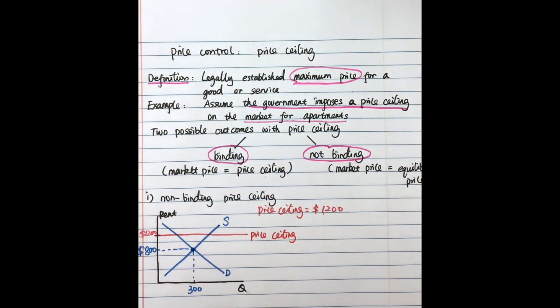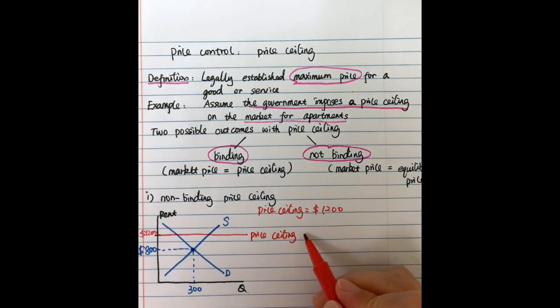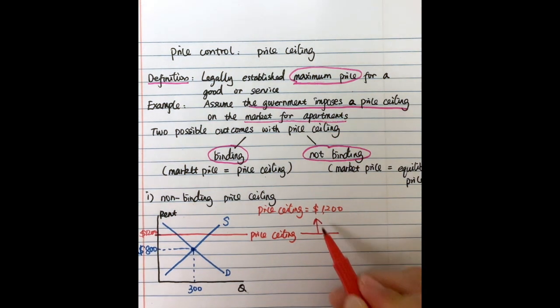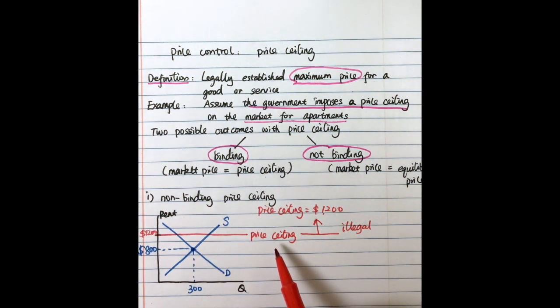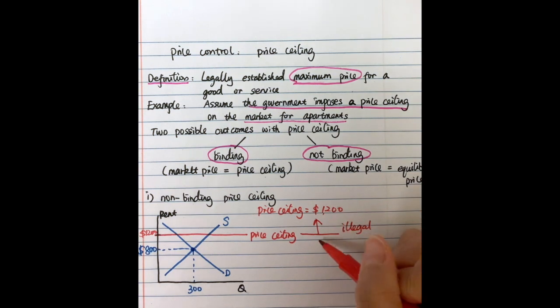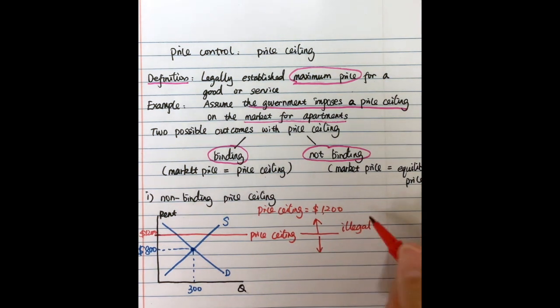The price ceiling is the maximum rent that the apartment owners can charge. Therefore, all the prices above this price ceiling are illegal, because the price ceiling is the maximum rent the apartment owner can charge, and all the prices below this price ceiling are legal.